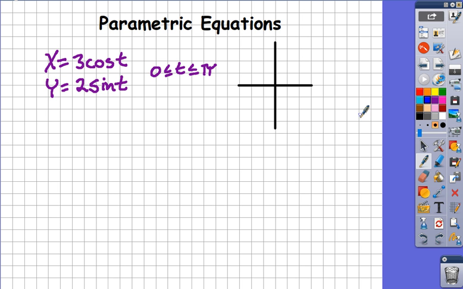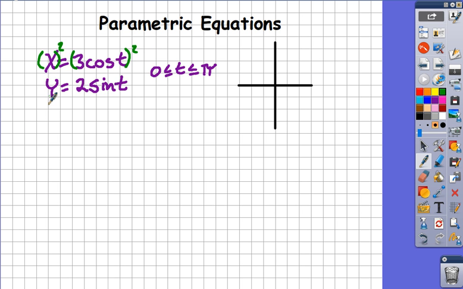We're going to think about one of those Pythagorean identities, and that seems to be one we use a lot, where sine squared plus cosine squared equals 1. We're going to do that by squaring both sides of our equations and then adding.